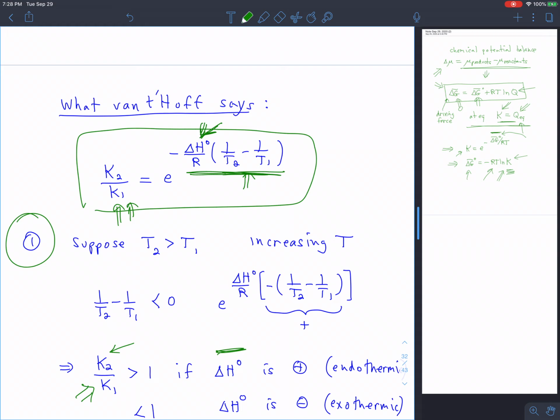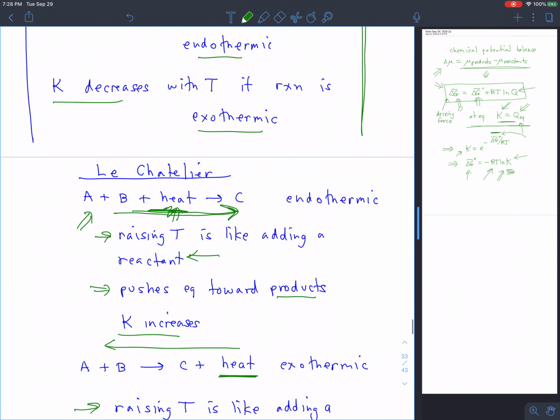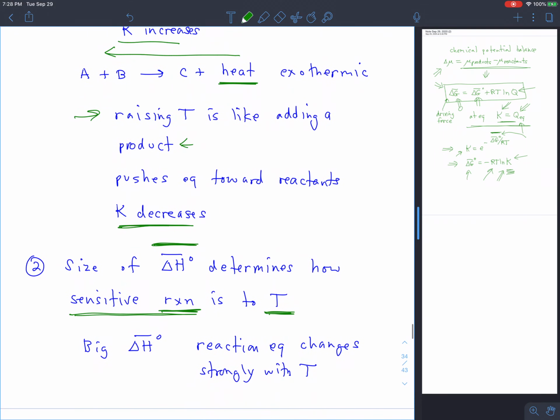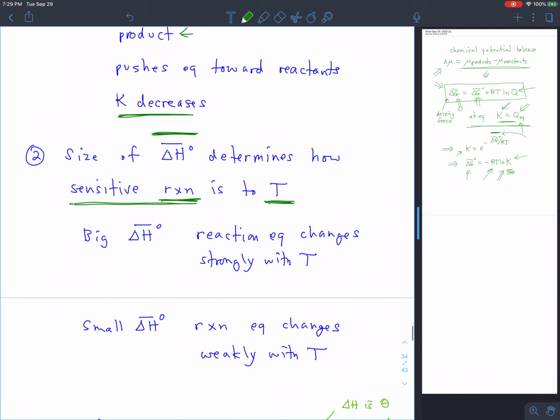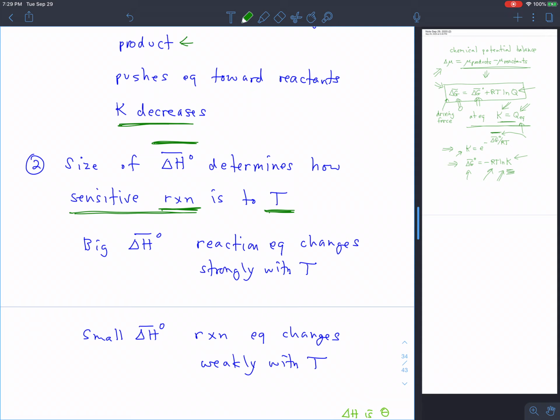The position of the equilibrium will be affected greatly by temperature. So the size of delta H, whether it's positive or negative, controls the sensitivity of the reaction to temperature. The sign of delta H controls which way the reaction shifts when you change the temperature.